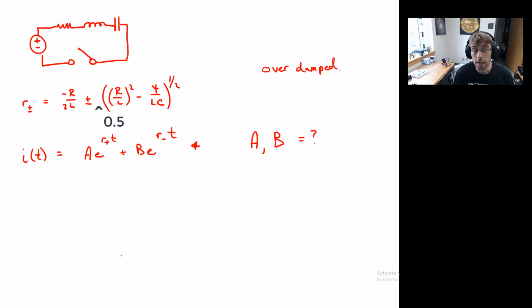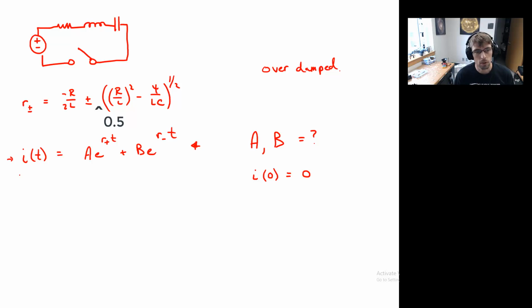One of the initial conditions, we can say something about what the current should be at time equals 0, namely 0. The moment that the switch is closed, because the inductor is uncharged, the current flowing through the circuit should be 0. So now that I have my general solution for the situation, I need to tailor it to my given values.